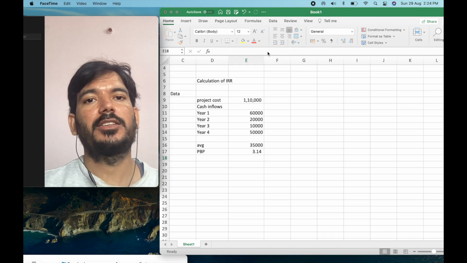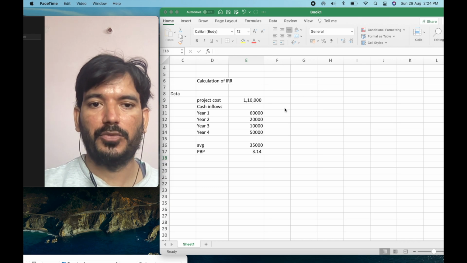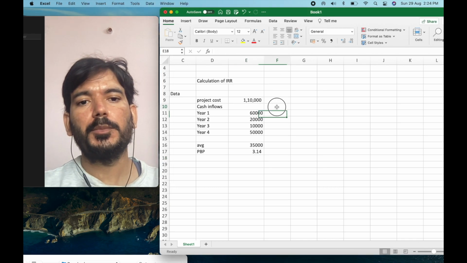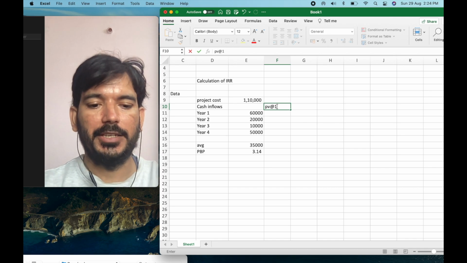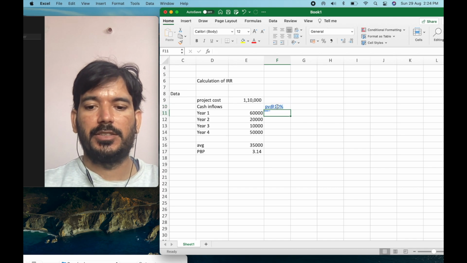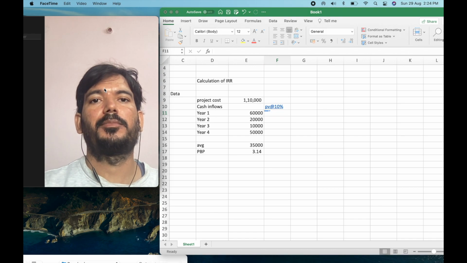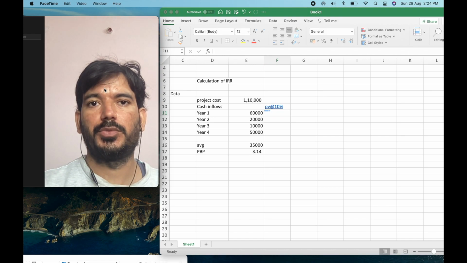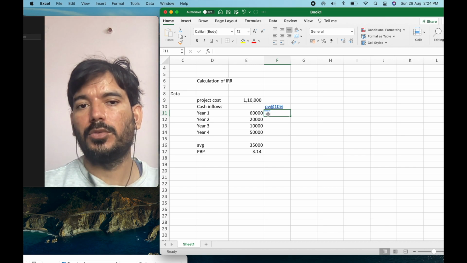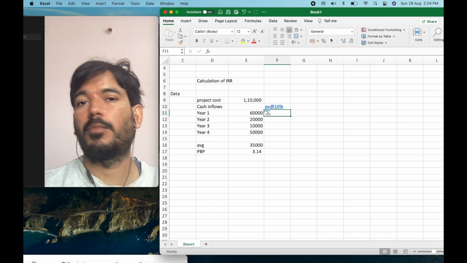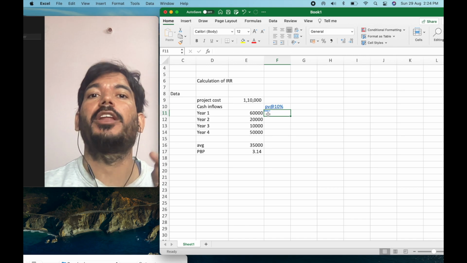Okay, so now come to the point. We will be taking this on a trial and error basis. First we will be finding out your present value. It's some random number, so I'm taking 10% initially. We will be finding out the present value when you're discounting an amount of 1 rupee at 10% on a yearly basis.